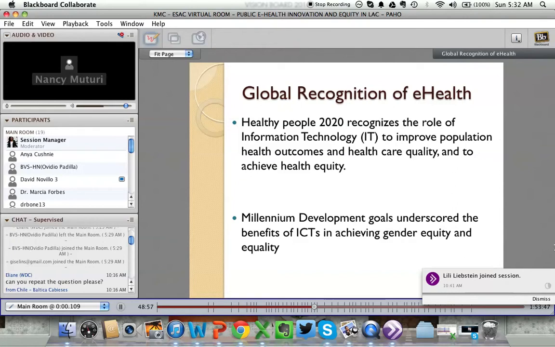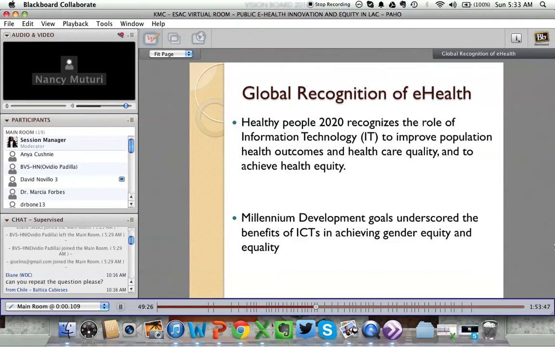So ICT and eHealth, or rather, use of information technology, has been globally recognized. Healthy People 2020, for example, does emphasize the use of ICTs, information technology, to improve population health, and that does not mean just in the U.S. or in the more developed world, but also in the less developed countries.